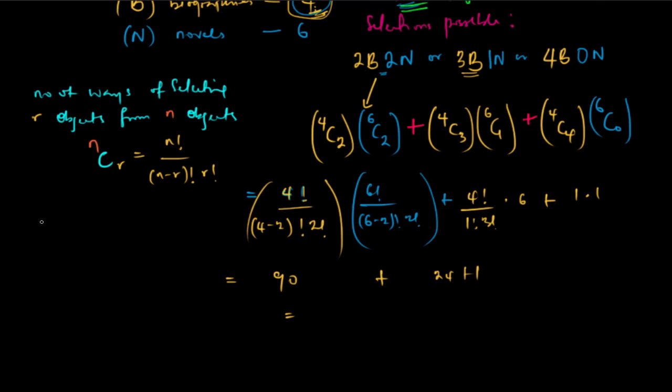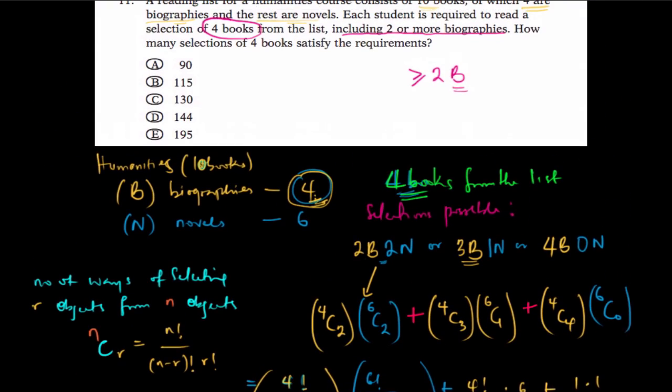Note, when I say 4 factorial, I simply mean 4 times 3 times 2 times 1. Similarly we have 5 factorial, that is 5 times 4 times 3 times 2 times 1, and so on. So 90 plus 24 is 114, and plus 1 gives you 115. So 115 ways of selection.